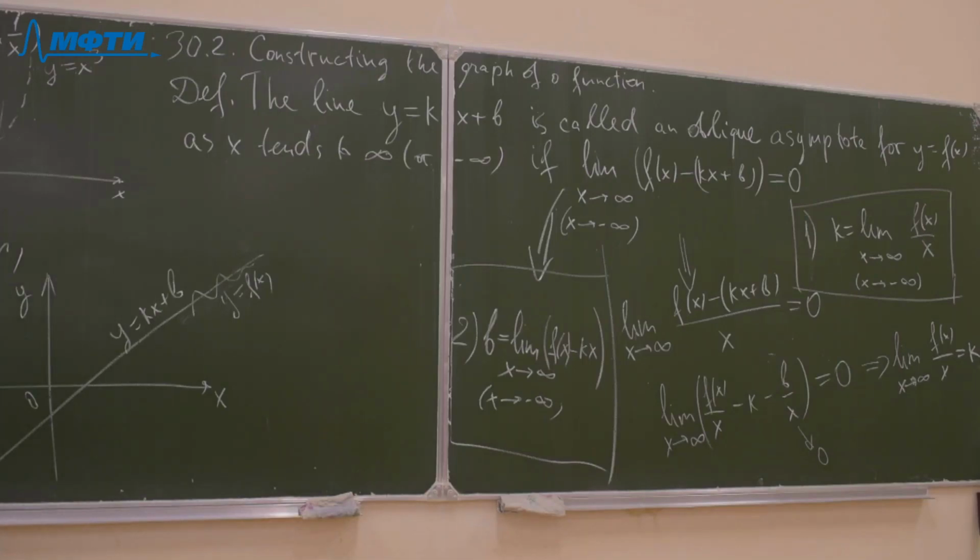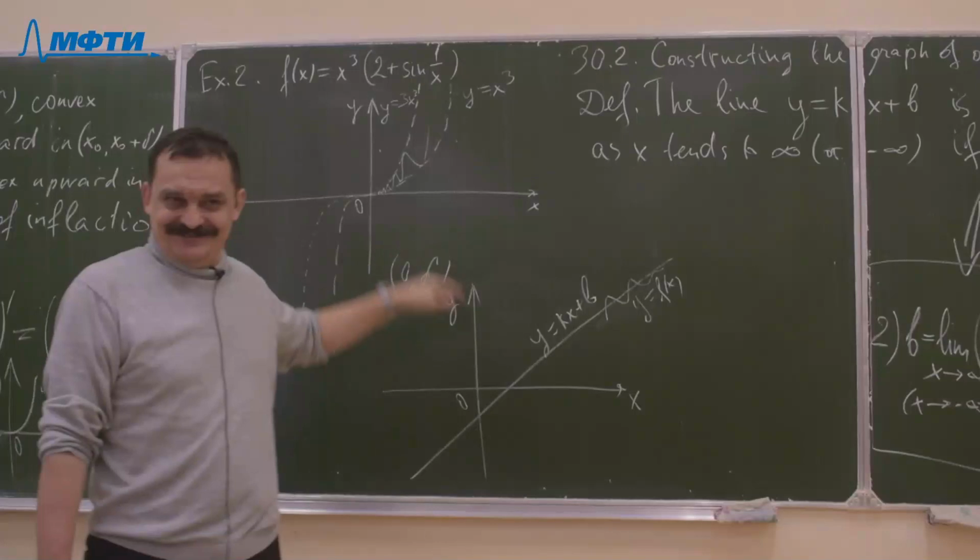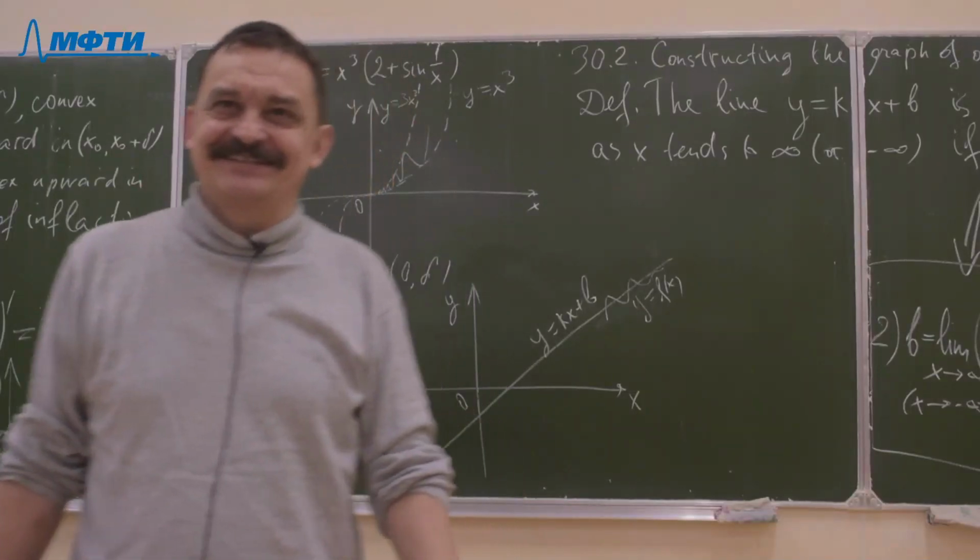The last direction of convexity when we approach 0. Can you tell me what is the last direction of convexity when we approach 0? It's impossible. There is no last direction of convexity, right?